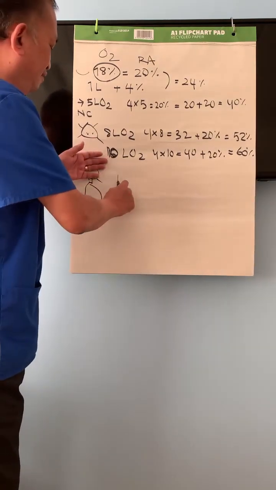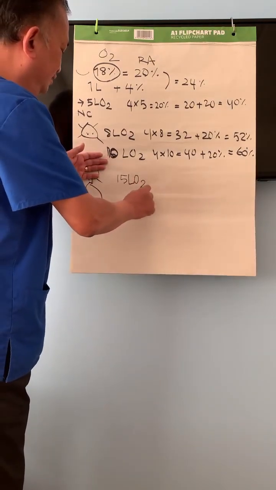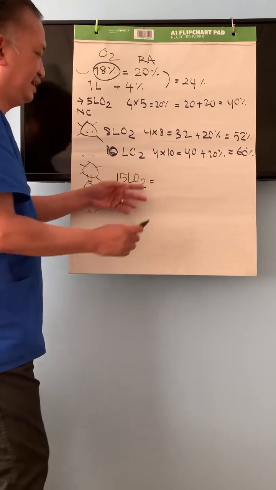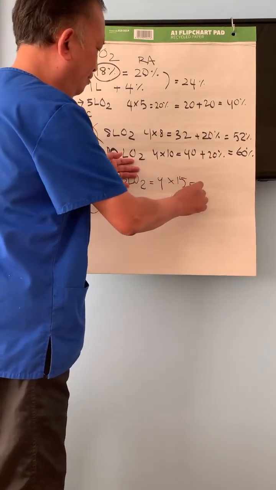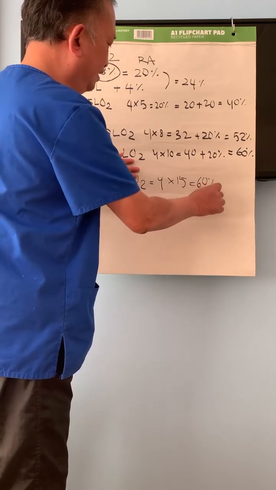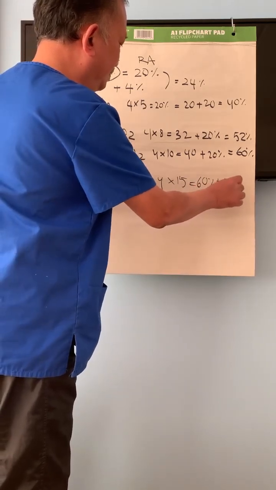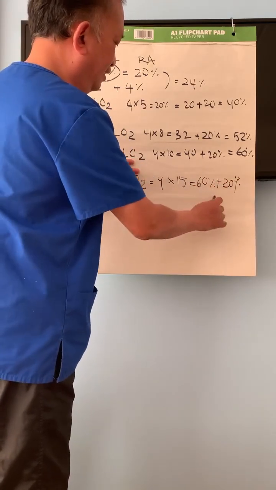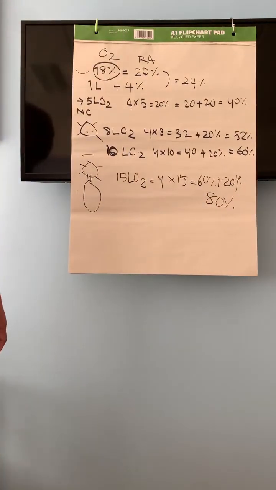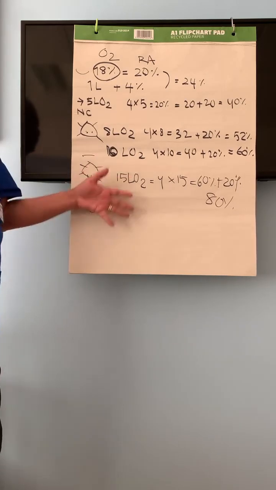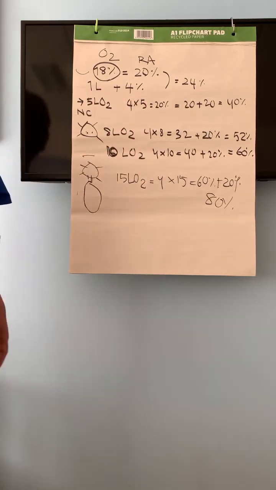For example, someone needing 15 liters of oxygen: every 1 liter is 4%, multiplied by 15, makes 60%, plus 20% from the room air, 80% oxygen. This is how it works.